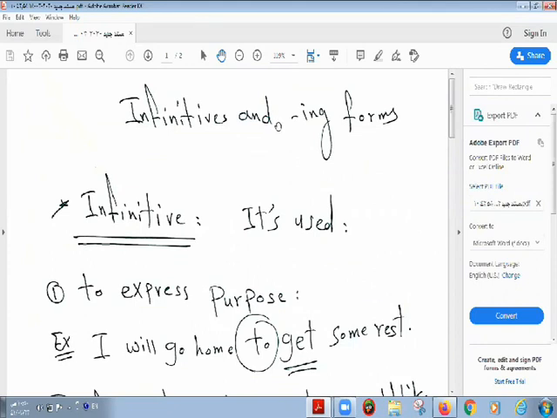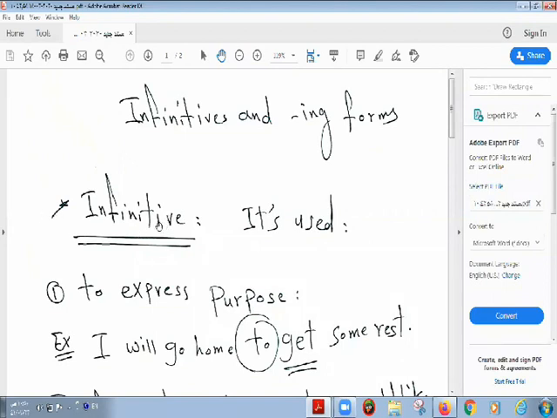Today, we will start our lesson. It will be about a nice piece of grammar, which is infinitives and ing forms. At first, what's the meaning of infinitive?